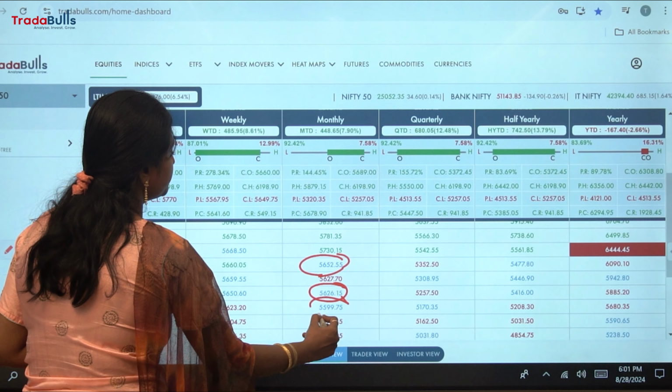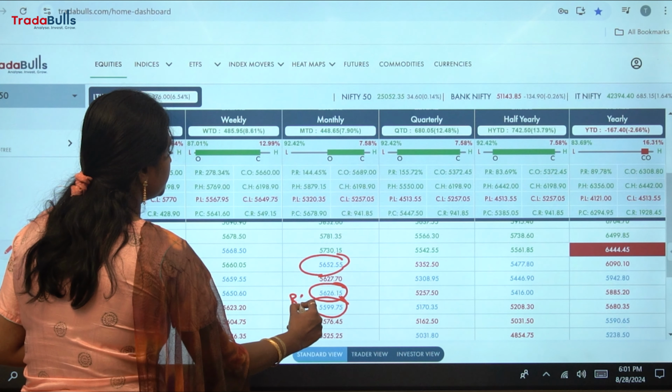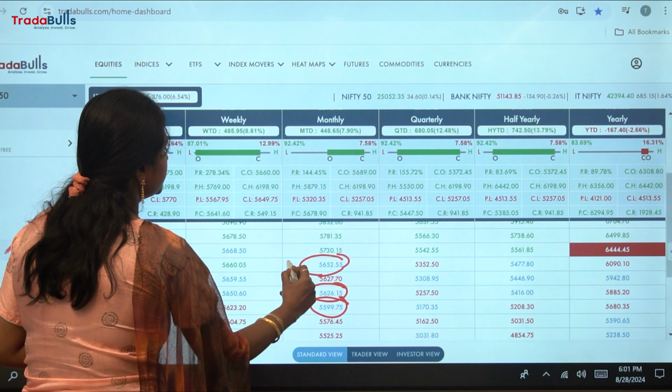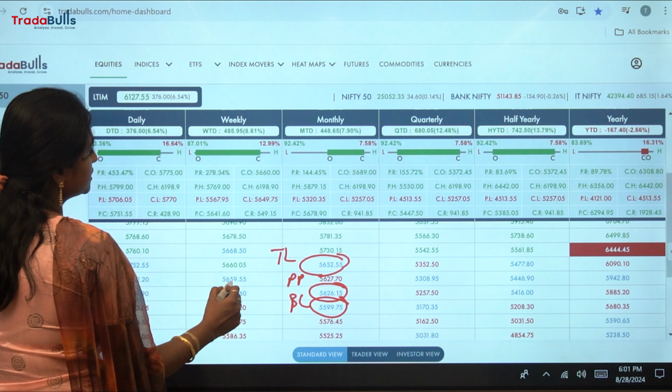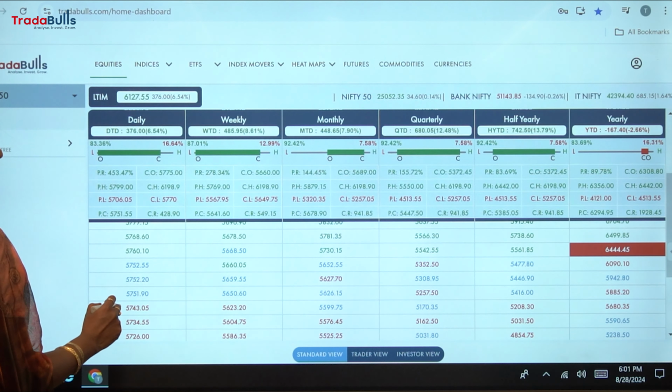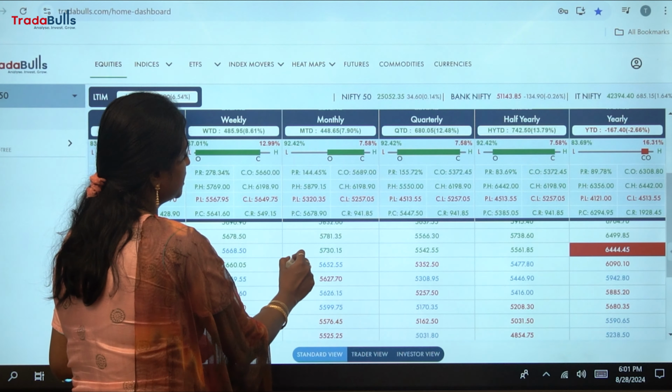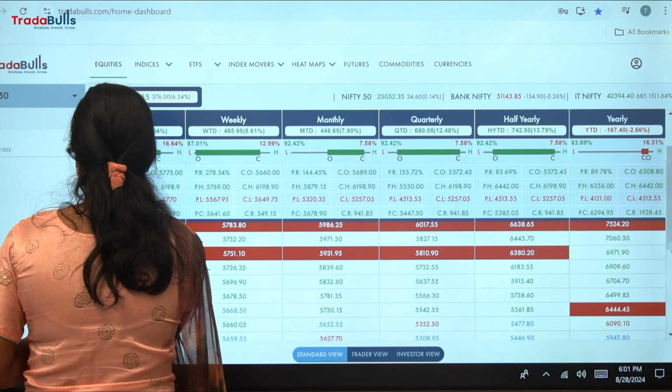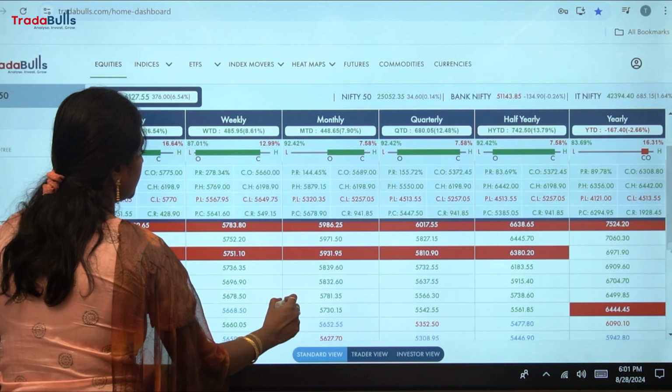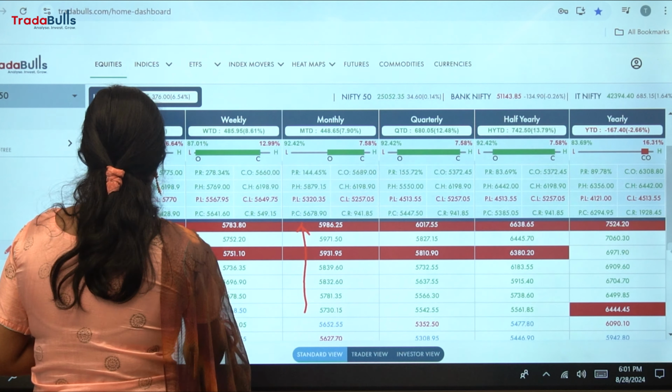These 3 are the CPR points: this is the bottom line, this is the pivot point, and this is the top line. The 3 CPR points have been achieved, and the market has gone upward.